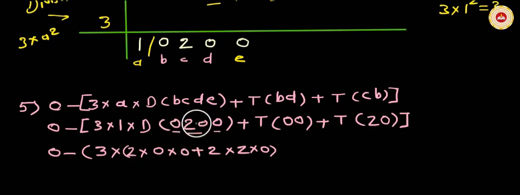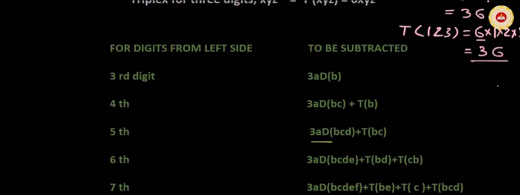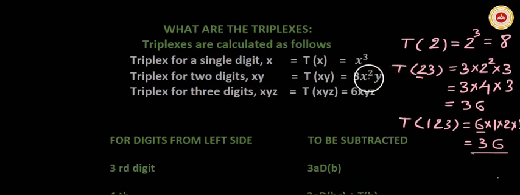This is the duplex of these 4 digits, plus triplex of 0 0, which is of course 0, plus triplex of 2 and 0 is 0 only, because triplex of 2 digits is calculated as 3x square y.